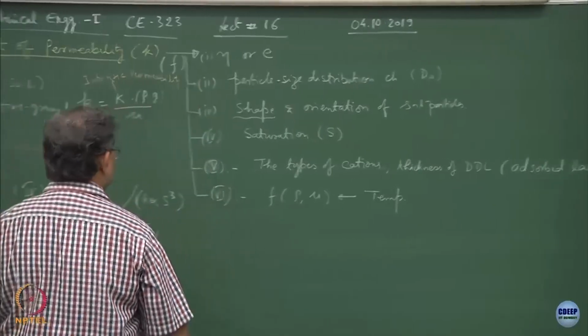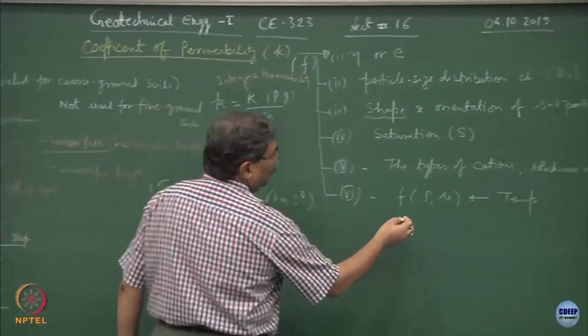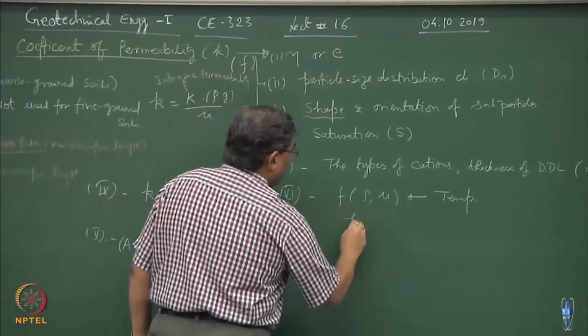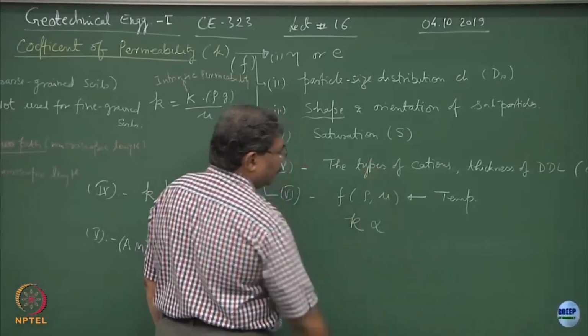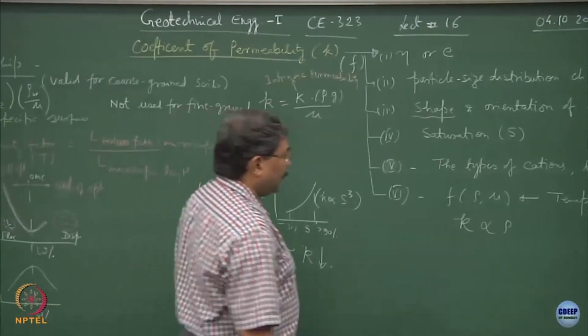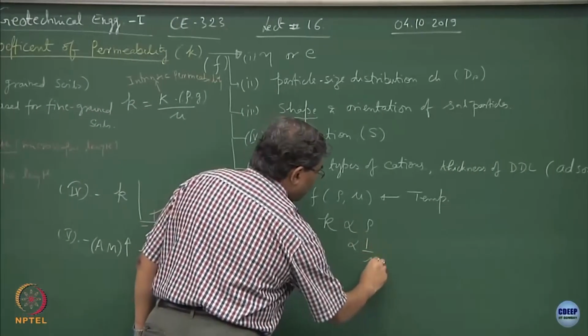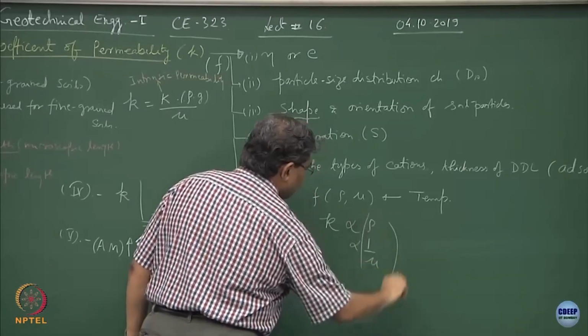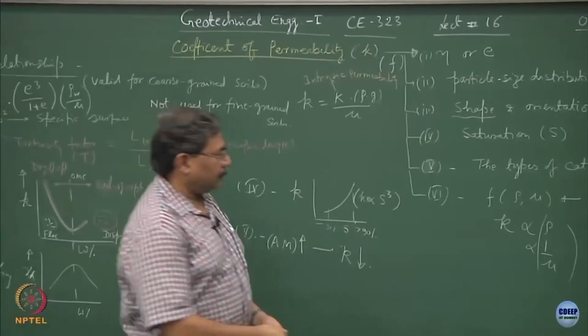Number 6, I think this we have already discussed. So, K would be proportional to density of the fluid, alright, and inversely proportional to the viscosity of the fluid. Is this okay?